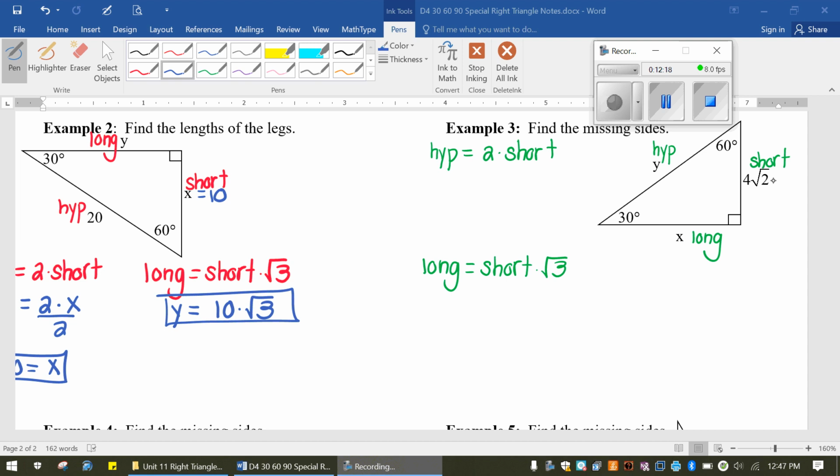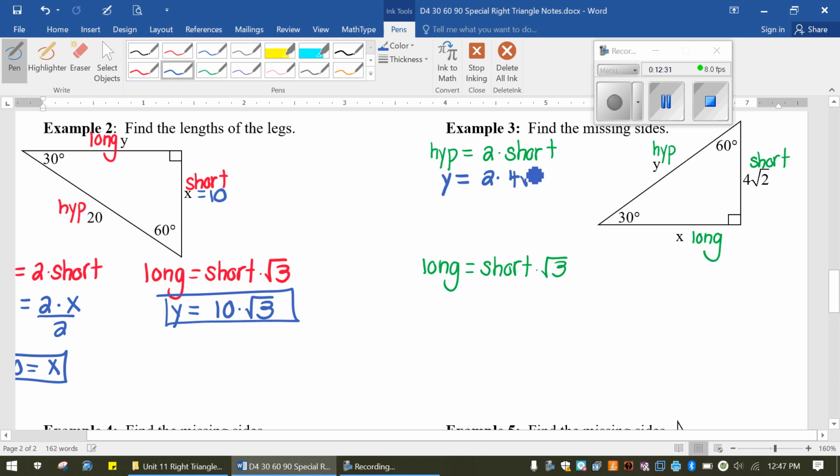All right, so our short leg now is not a whole number anymore. We're still going to use the same formulas. Our hypotenuse is a y. 2 times our short leg of 4 root 2.